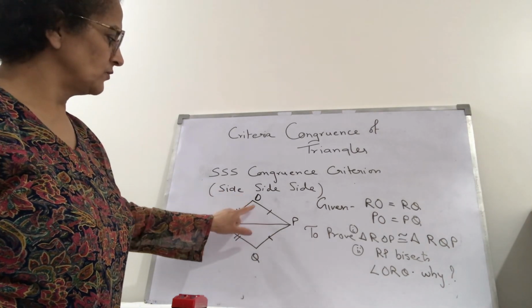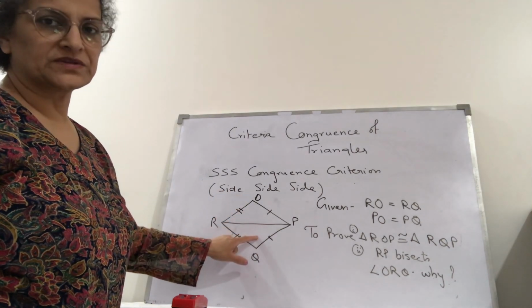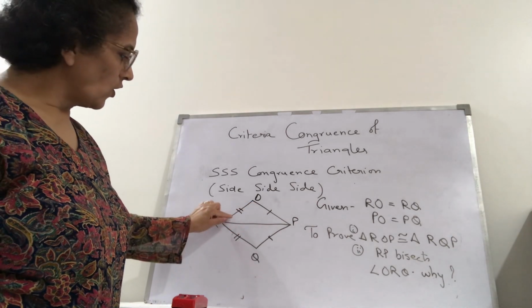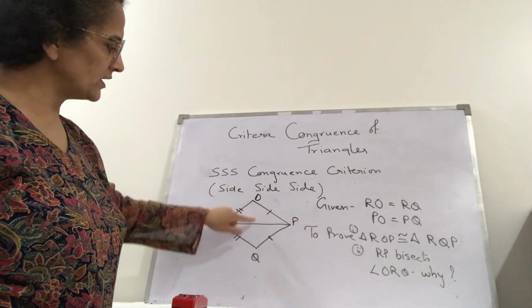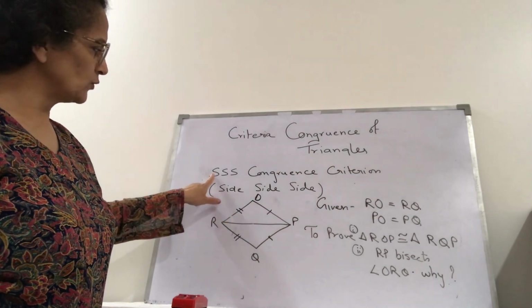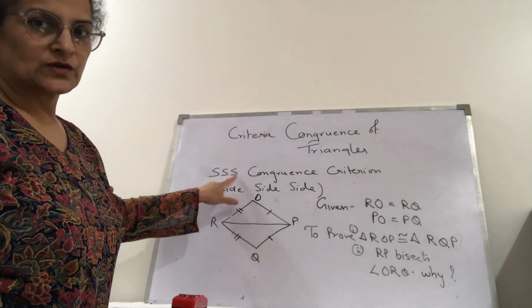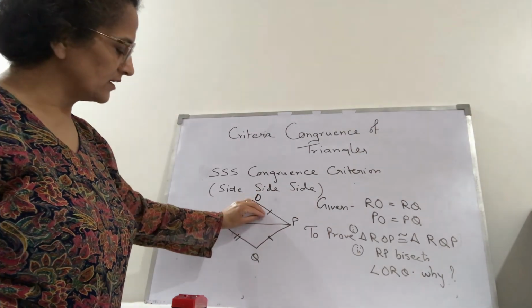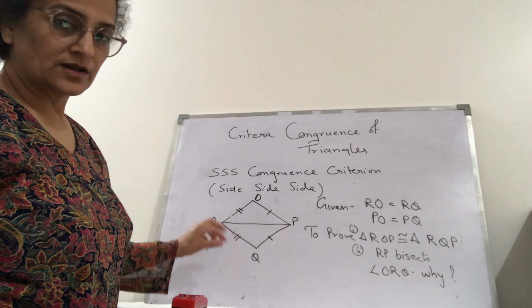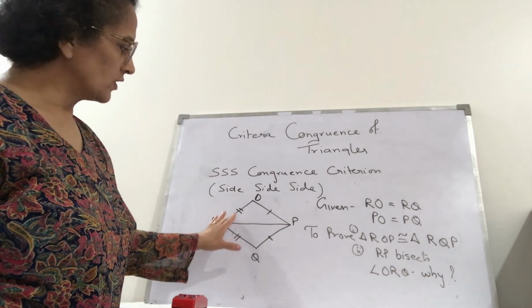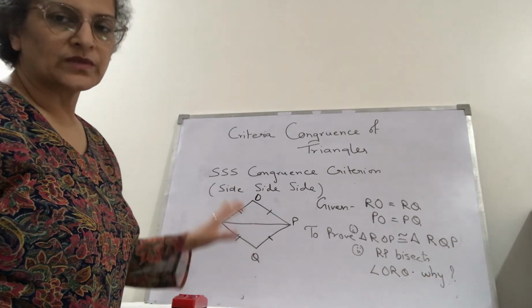After we have proved the congruency, we can say all the corresponding parts are equal. We have already taken this into account when proving the congruency. So once this triangle is proved congruent to this triangle, we can say corresponding parts are equal.